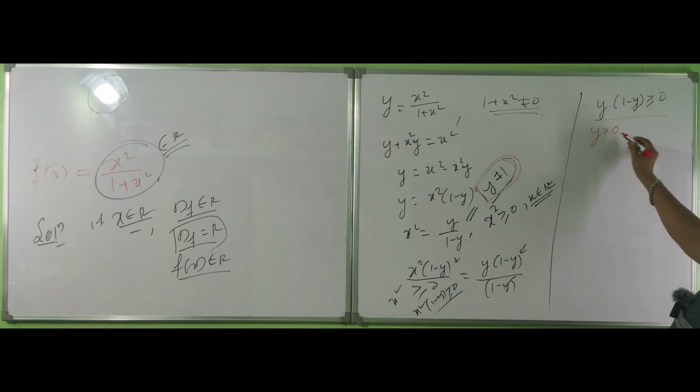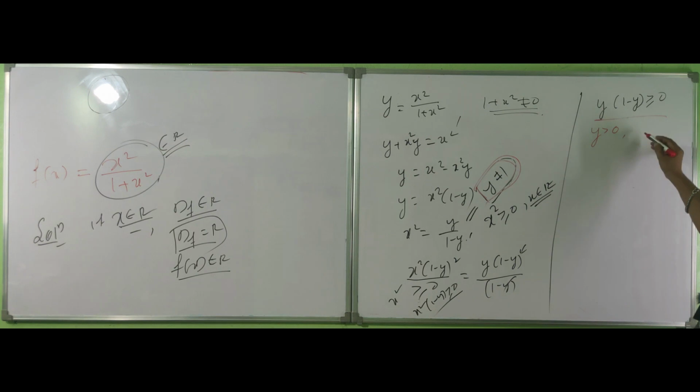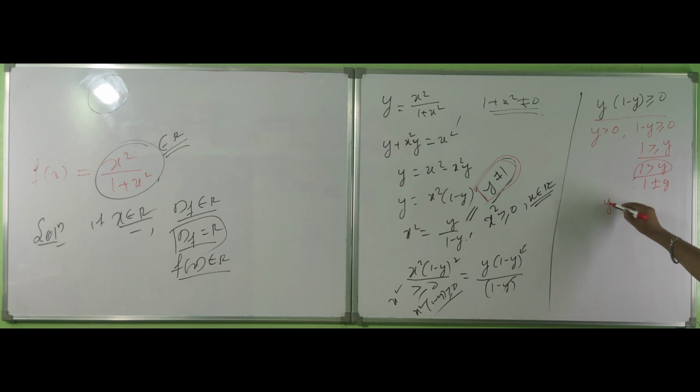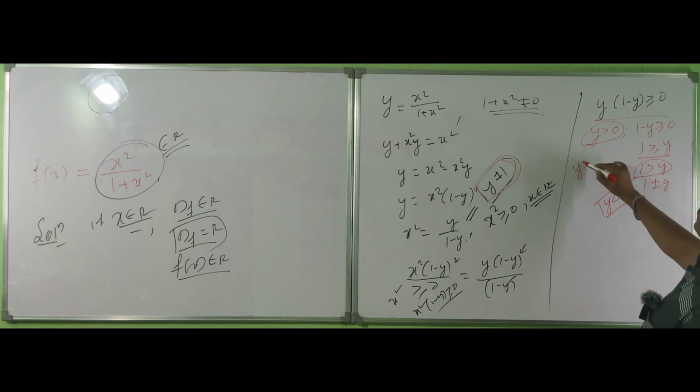If y equals 0 it becomes whole 0, which is not possible. Therefore 1 minus y is greater than or equal to 0, so 1 is greater than or equal to y. Here only 1 is greater than y, because y is not equal to 1. Therefore y is less than 1. So we have only two conditions: y is greater than 0 and y is less than 1.